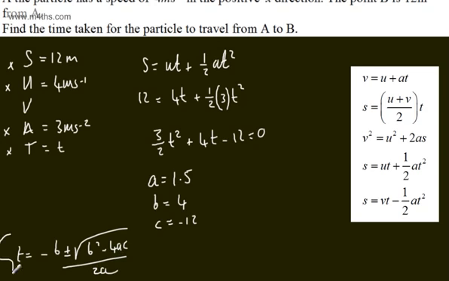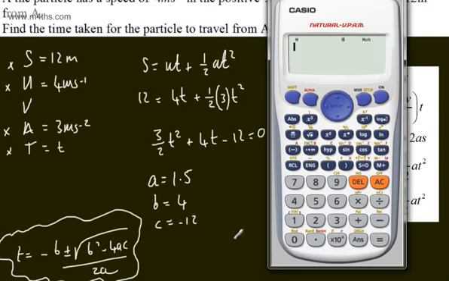You've probably come across this before, but we can sub this in. So we're going to have -4 plus the square root of 4 squared, which is 16, minus 4 times a, which is 1.5, times c, which is -12, all over 2a, which is 3. So the quadratic formula for t gives me that t is 1.79, etc.